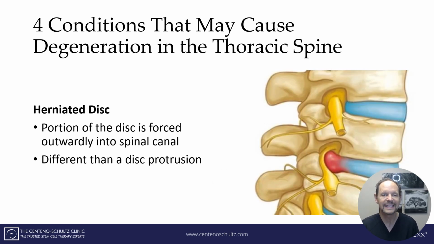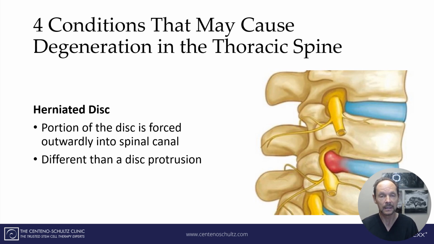Number 3, a disc herniation in the thoracic spine can take your breath away and give a lot of pain, restriction in range of motion, and some neurologic symptoms. A disc herniation needs to be distinguished from a disc protrusion. A disc herniation is where the contents of the inside are forced outwardly into the spinal canal.